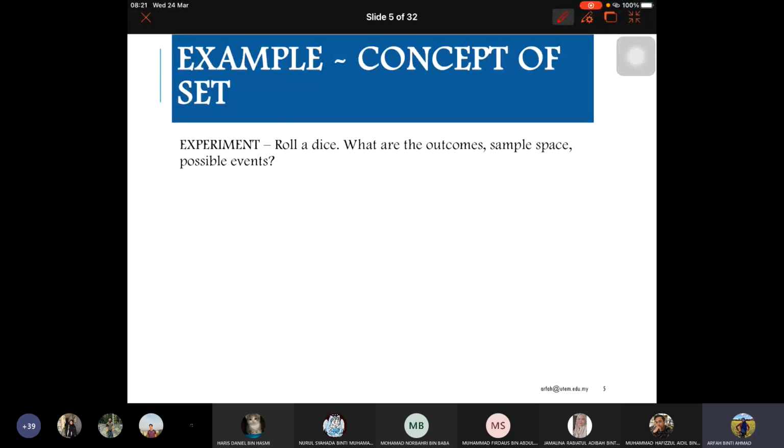So, yes, this is for example, concept of set. Roll a dice, what are the outcome, sample space and also the punya sample point. Okay. So, for this one, dia punya outcomes, you can list down all the outcomes.